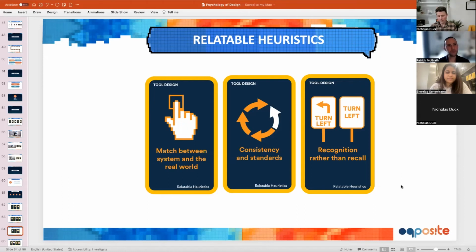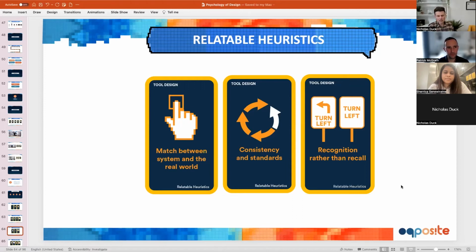So if you see a little house icon on a screen, you think home, because that relates to a house, but it also relates to the home page of a website or a tool you might be using. So using symbols that reflect our real world helps us.